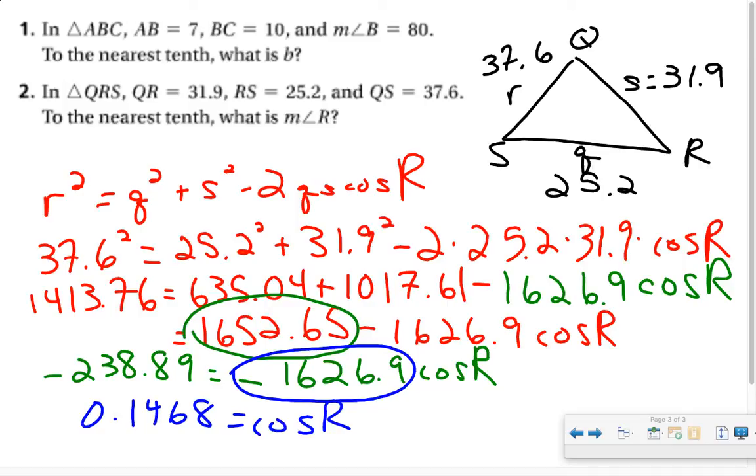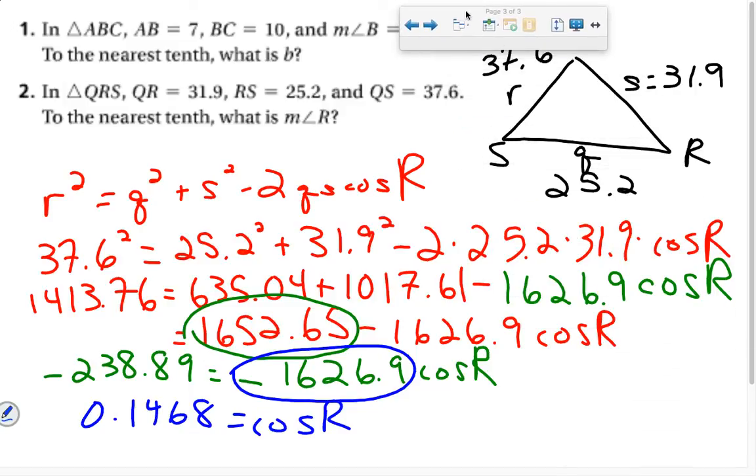Okay, so inverse cosine of my last answer, which is that 0.1468. And I find that the measure of the angle is approximately 81.6. So the measure of angle R is approximately 81.6.